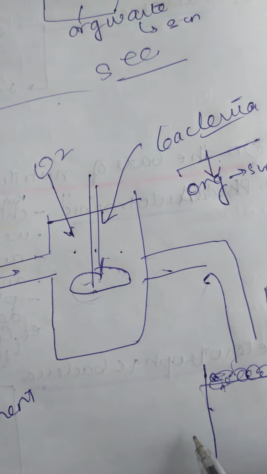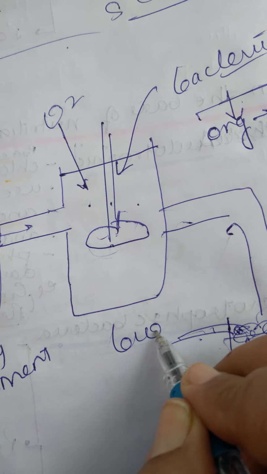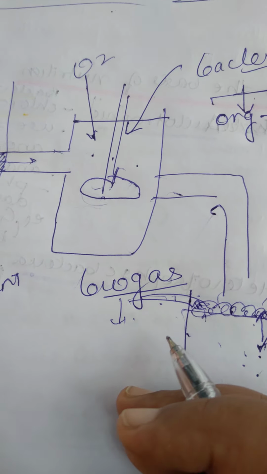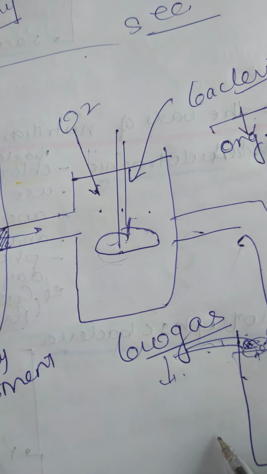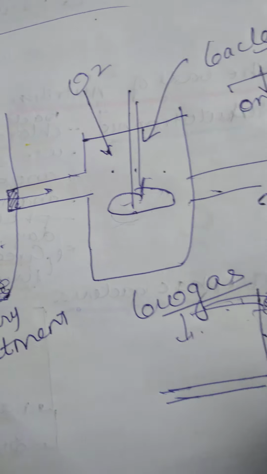Now at this point the sludge is producing a gas which is called biogas. This biogas can be used either for burning or for generating electricity. Generally it is used to generate electricity by a turbine. Then the sludge is removed, it goes into another tank where it is mixed with chlorine to kill all the bacteria.